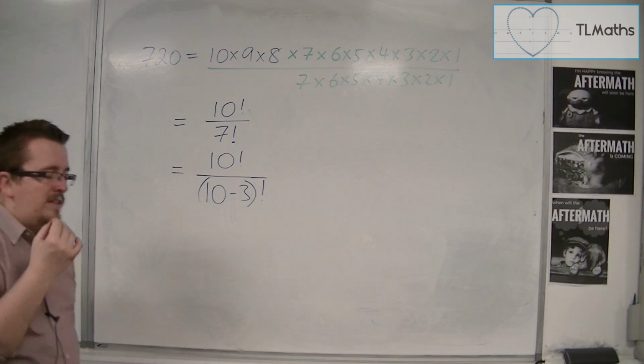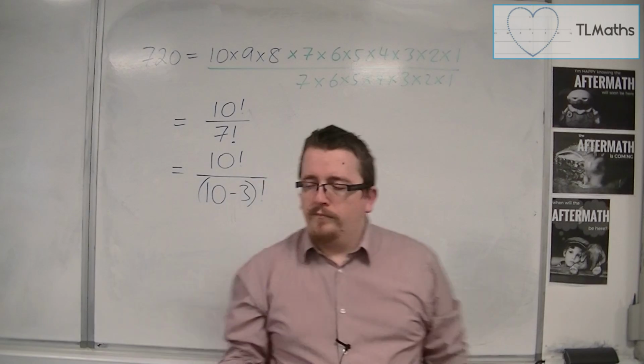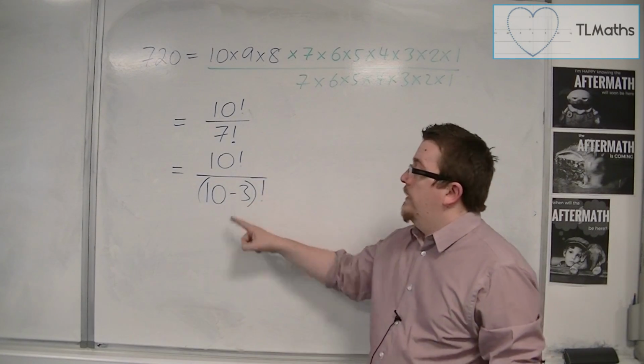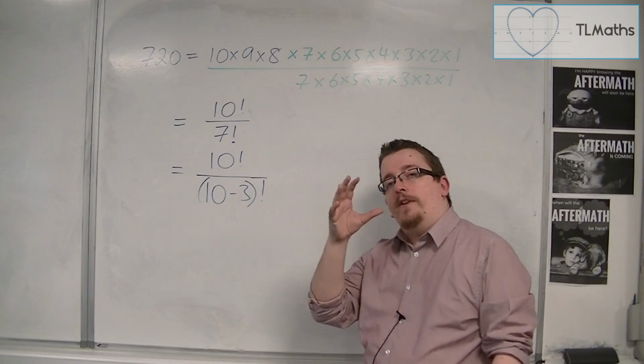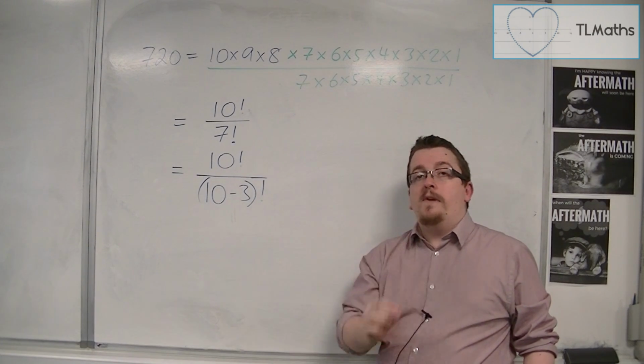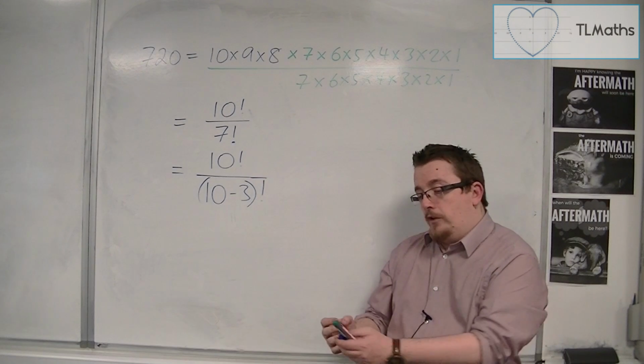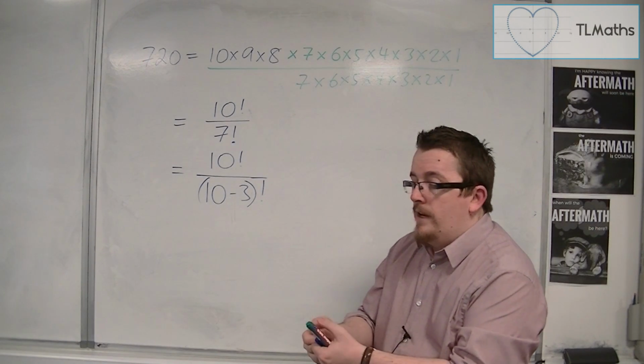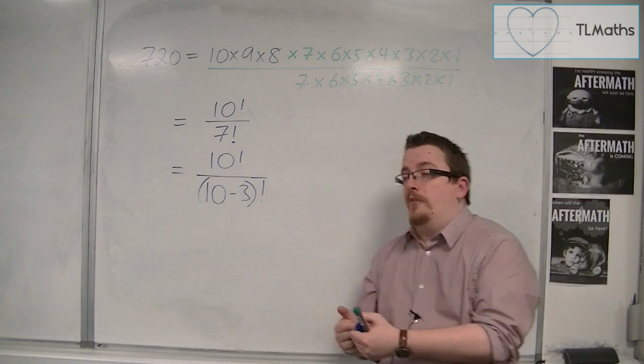Now, if you remember back to the context of the problem, the 3 here is referring to the fact that I wanted a 3-digit number. I was given 3 choices. So it's like on a safe, you have those 3 numbers that you can choose from 0 to 9.